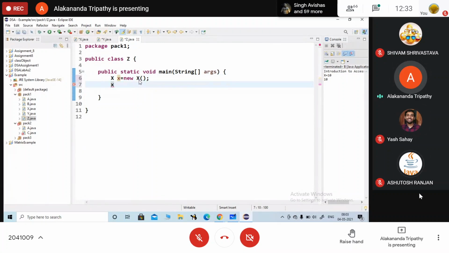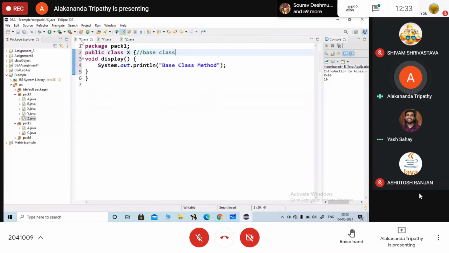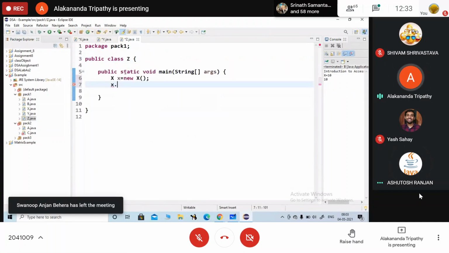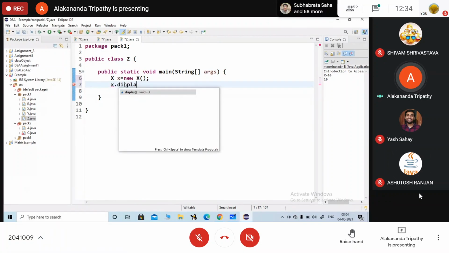अब देखो मैं X डॉट करूंगी. इट इज जस्ट शोइंग वन मेथड. क्लास X में मैं कौन सा मेथड डिफाइन की थी? Display. डिस्प्ले मेथड. तो यहाँ पर कौन सा मेथड बस आ रहा है? Display method.